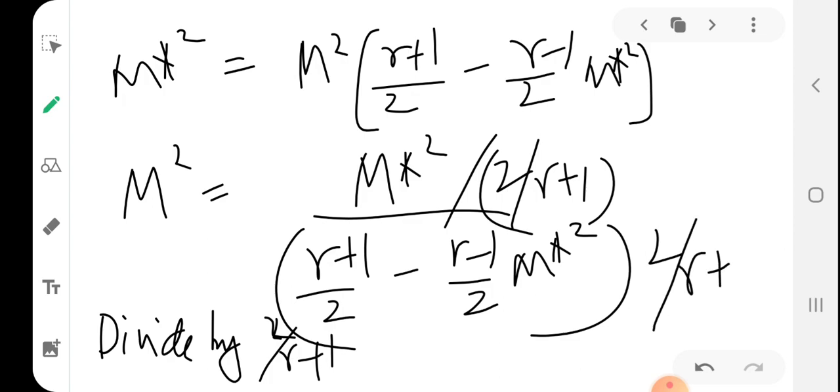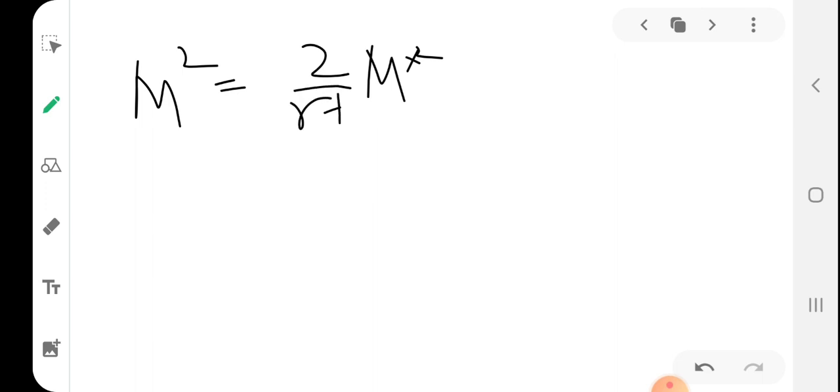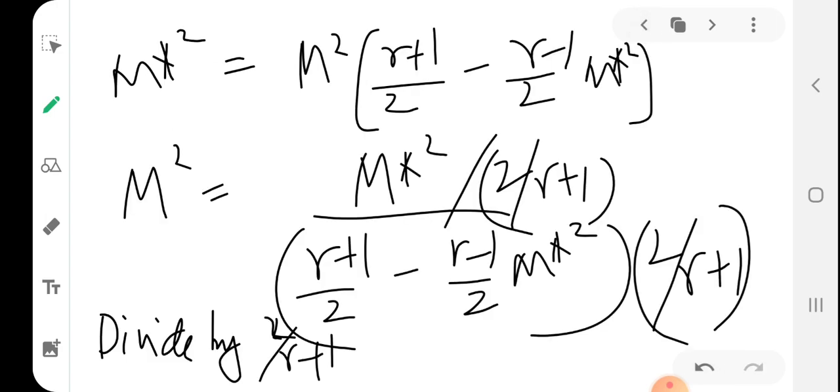So what will happen? Mach square equal to Mach star square 2 by gamma plus 1. Sorry, not dividing, I am multiplying it with it. Not dividing, multiply. Okay, better to multiply.